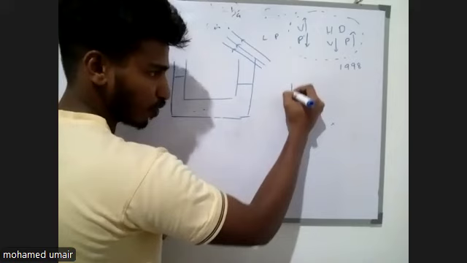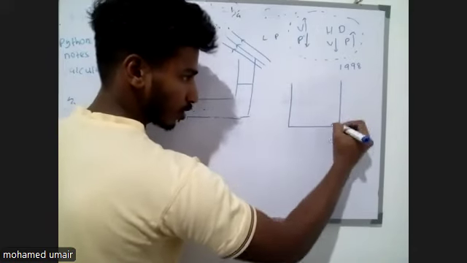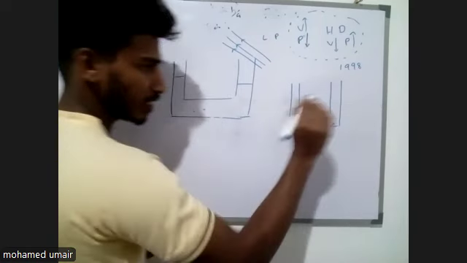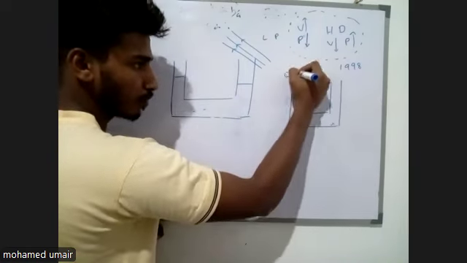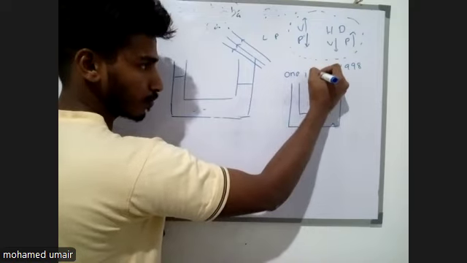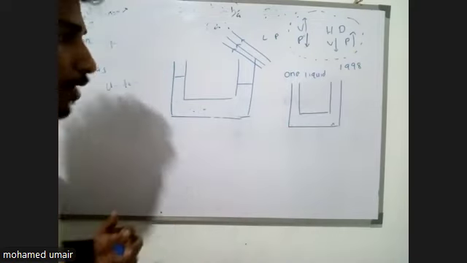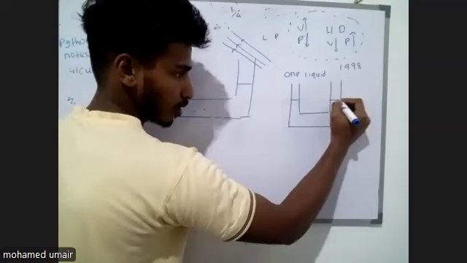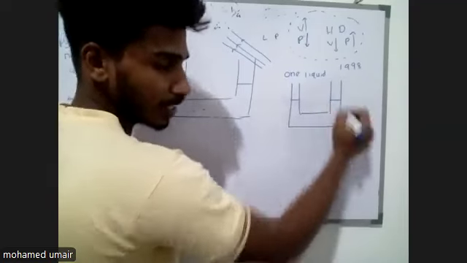If it was one liquid, we are having our U-tube. Let's say this is filled with one liquid. What's going to happen is they'll be at the same level since they are the same liquid.